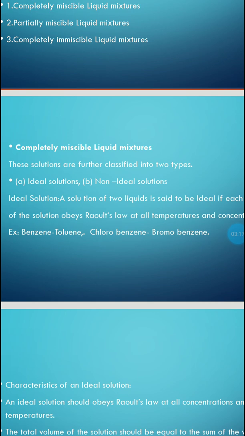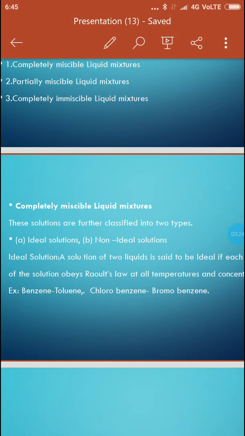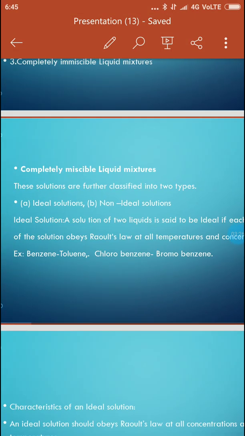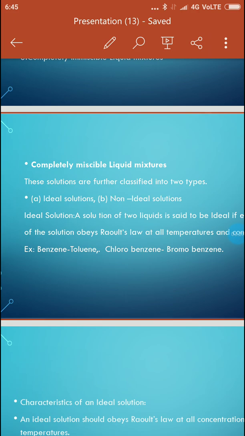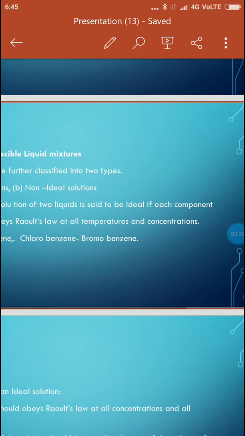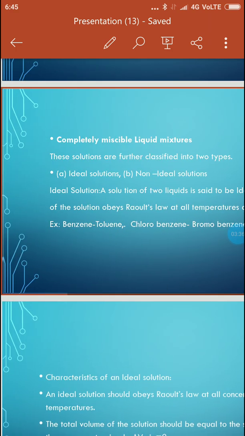Ideal solution. You already know that a solution of two liquids is said to be ideal if each component of the solution obeys Raoult's law at all temperatures and all concentrations. For example, benzene and toluene, and another example, chlorobenzene and bromobenzene.